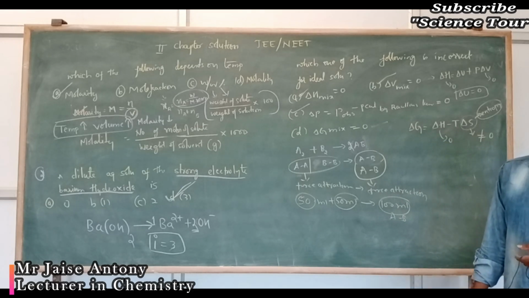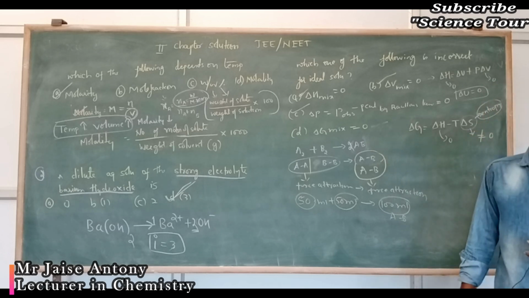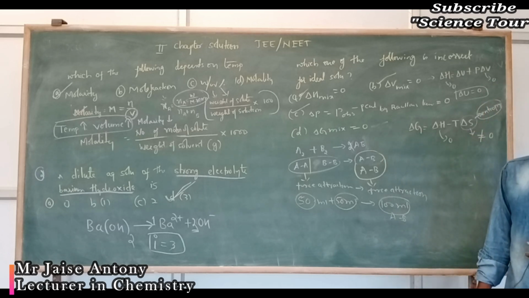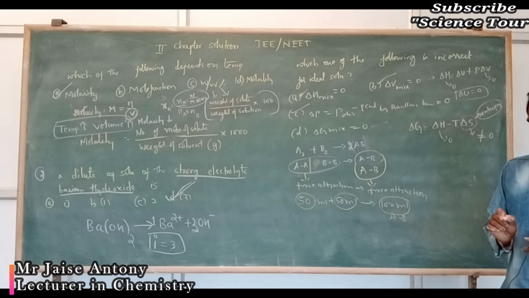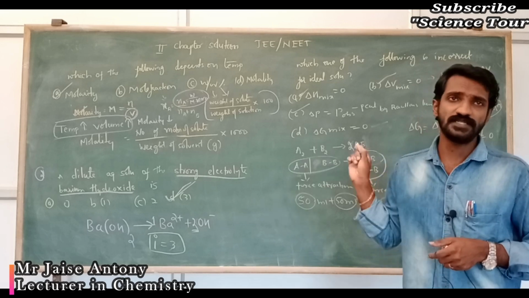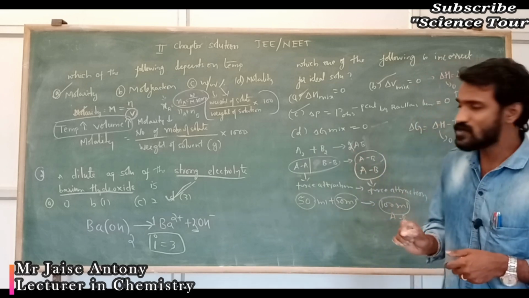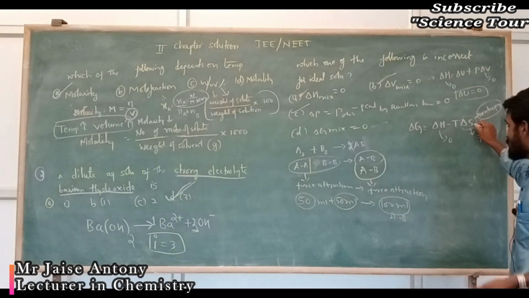Is it possible to get this by keeping delta S equal to 0? No, not possible, because while mixing, the change in entropy either increases or decreases. Increase means the measure of disorderliness increases, not equal to 0.